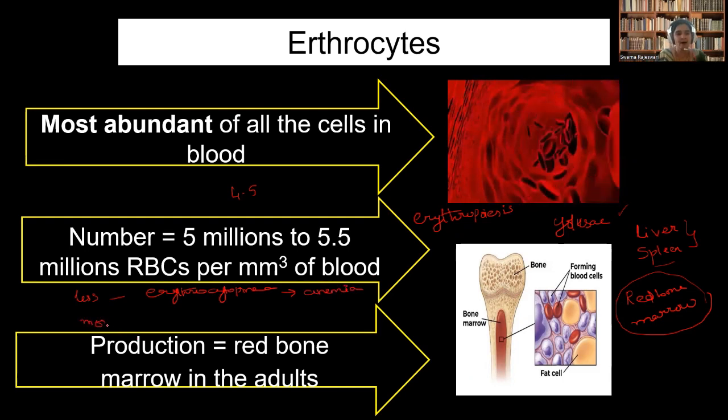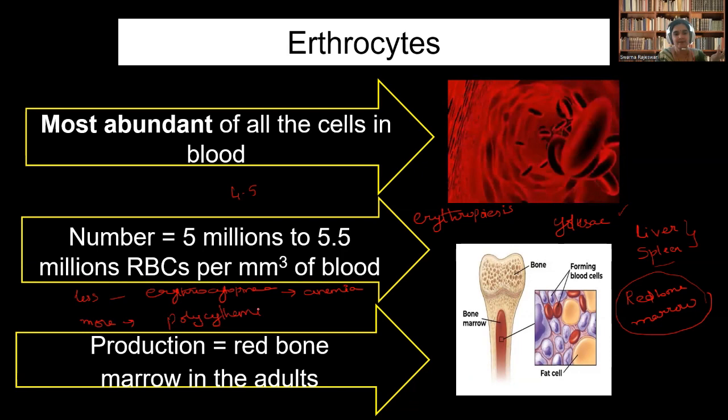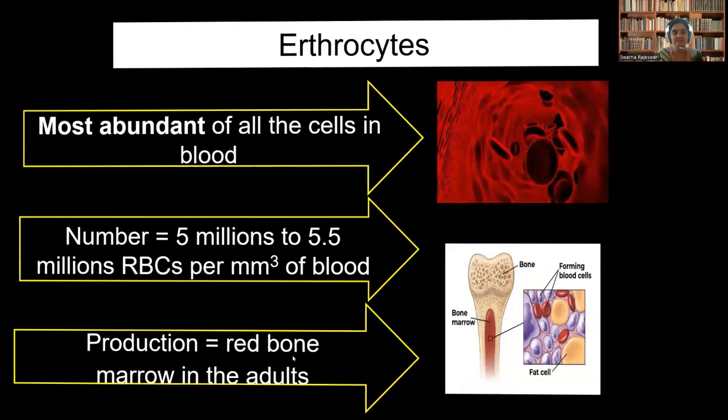When the RBCs are more in number, we call it polycythemia. Less number of RBCs is erythrocytopenia, which leads to anemia, and more number of RBCs is polycythemia. Okay. So this is about the number of RBCs.